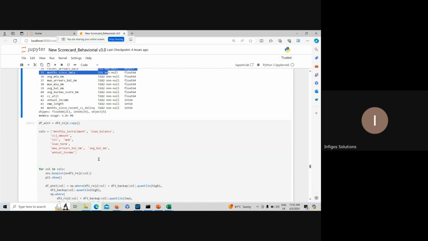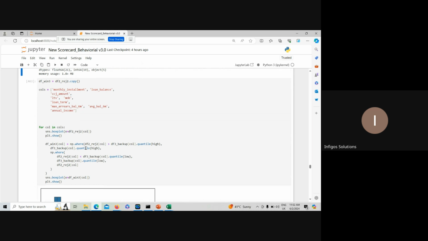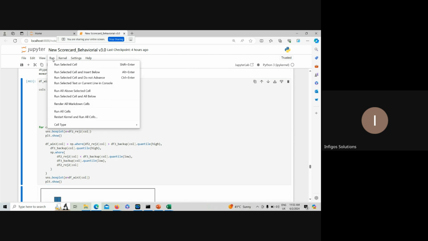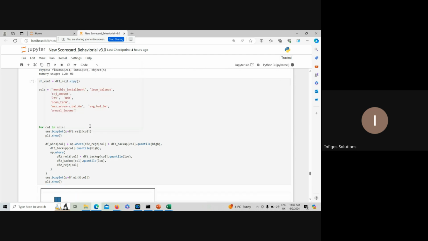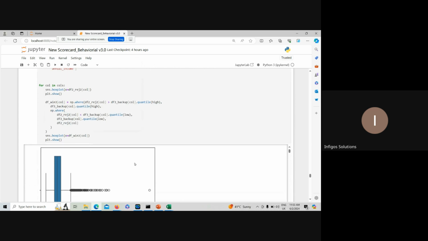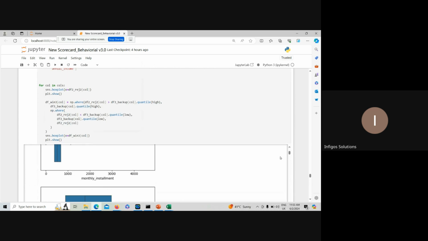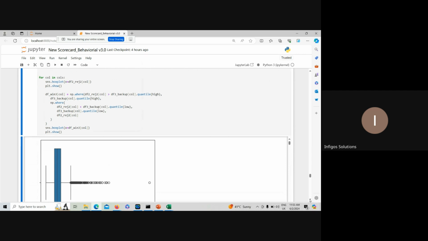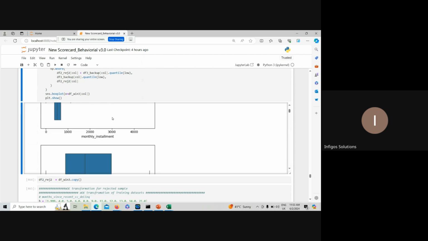After doing the missing value treatment, we will do the outlier treatment with the same values. We have taken a backup of this. Once we do the outlier treatment and missing value treatment for the rejected sample, we will check the graphs again.